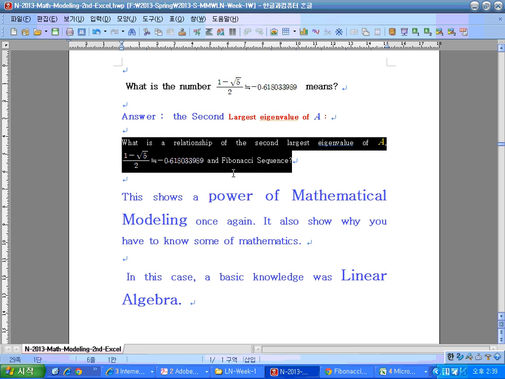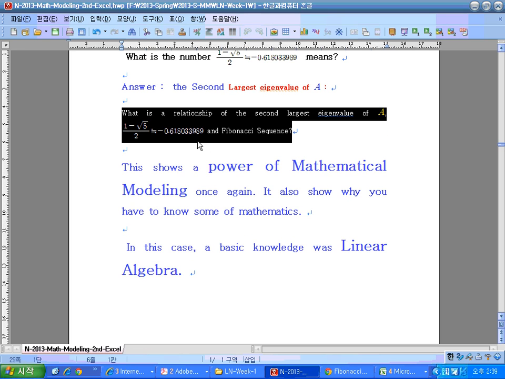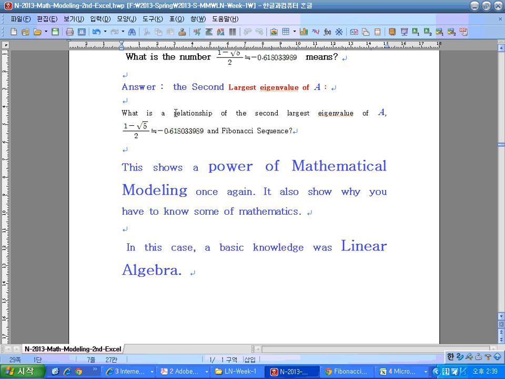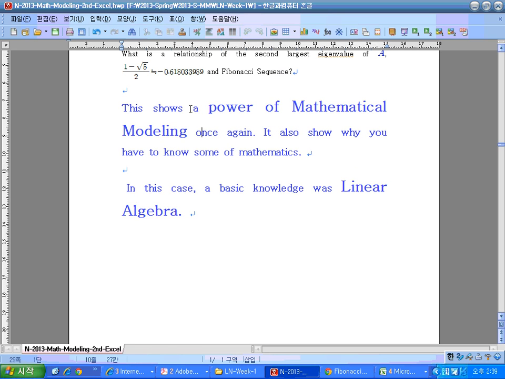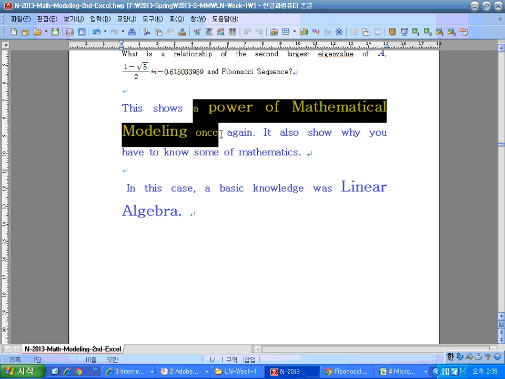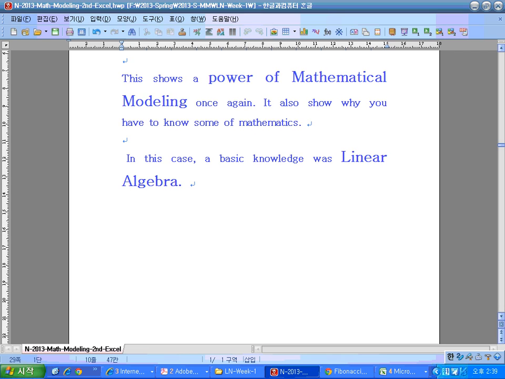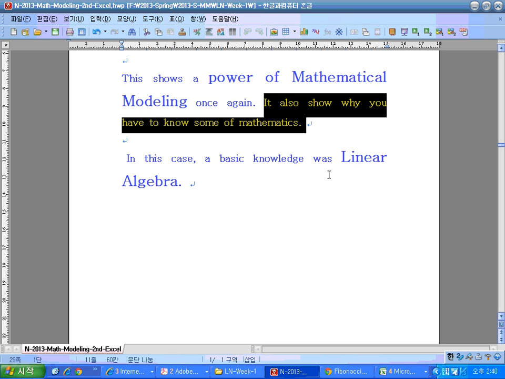Okay, now we found the relationship between the second largest eigenvalue of A and the Fibonacci sequence in general form for the negative terms. This also shows the power of mathematical modeling. And this also shows why you have to know some mathematics.